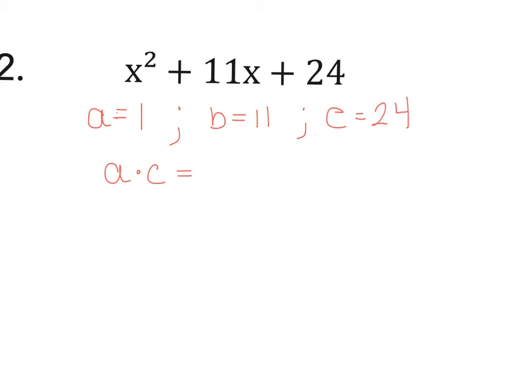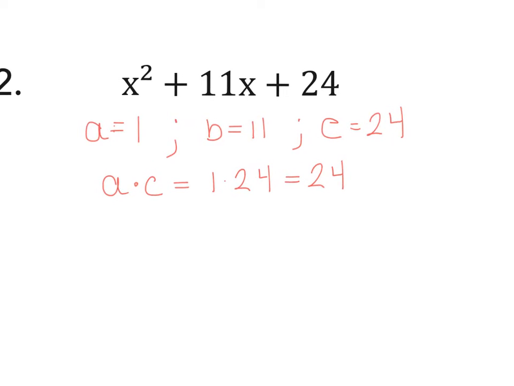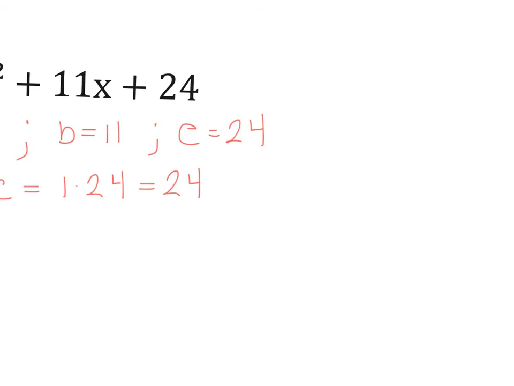Once we have A, B, and C, we want to multiply A times C. A times C would be 1 times 24, which is equal to 24. We now know that we need to find two terms that multiply to equal 24 and the same two terms that add to equal 11, or whatever the value of B is.